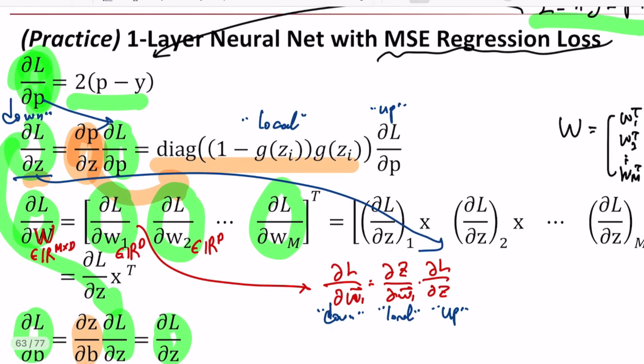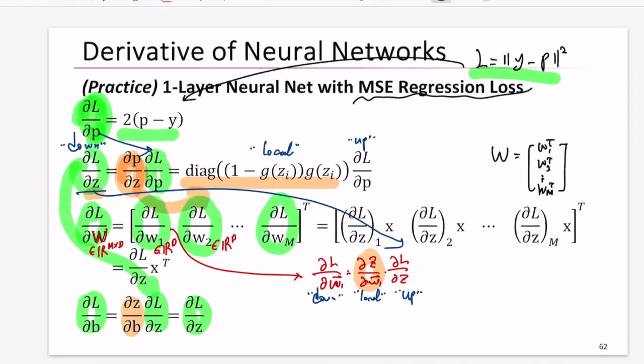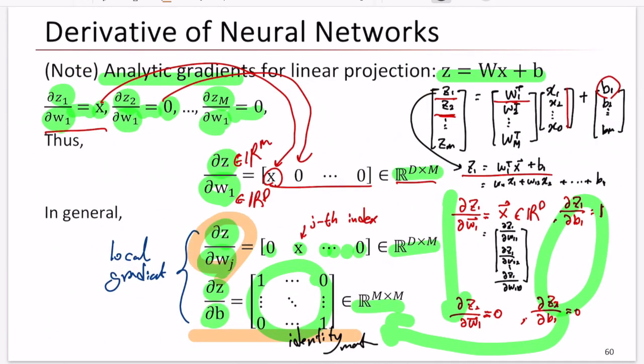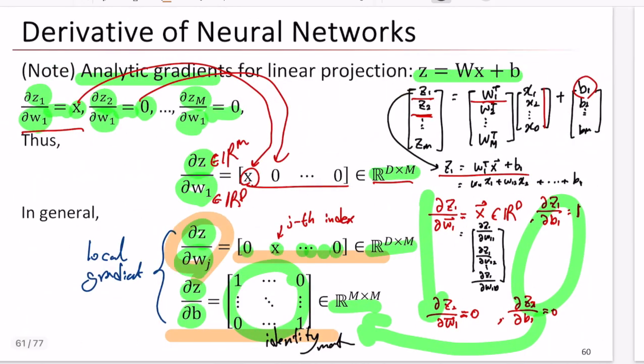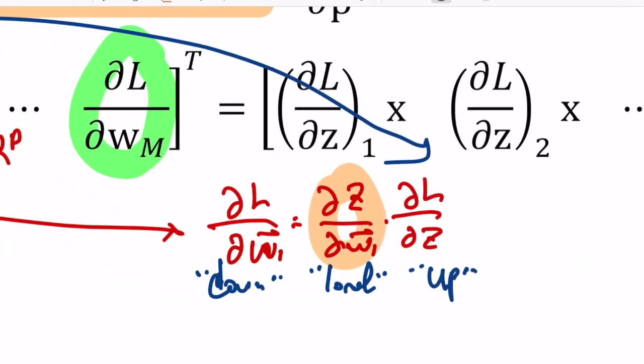So we have to know this one, the z gradient with respect to w1. By multiplying the upstream gradient by the local gradient, it's going to be x times the loss gradient with respect to z, where z1 is the first element.